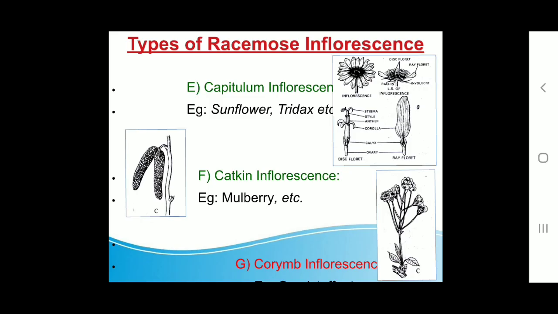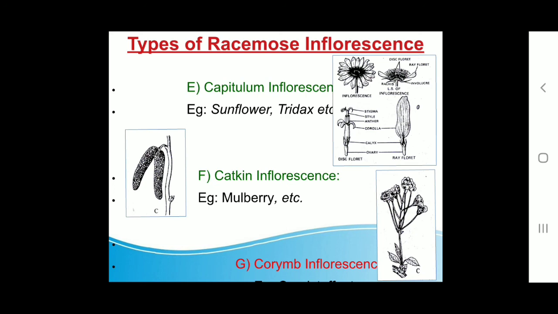Each floret has a scaly bract at its base. The whole inflorescence is surrounded by a whorl of green bracts collectively called involucre. The florets may be alike or of two types. Examples of this type of inflorescence are sunflower and Tridax.